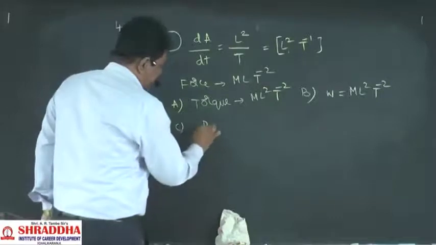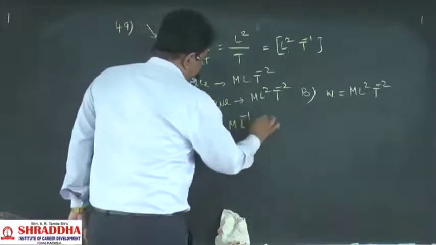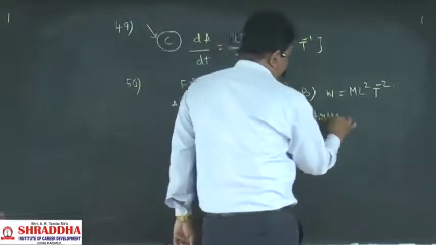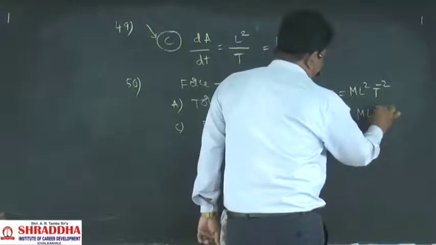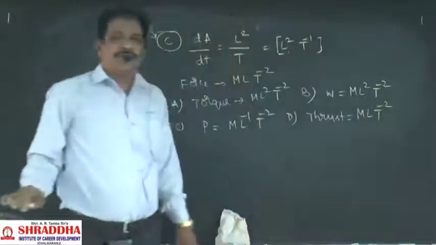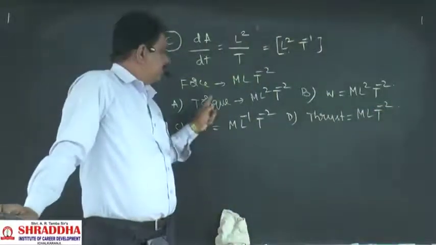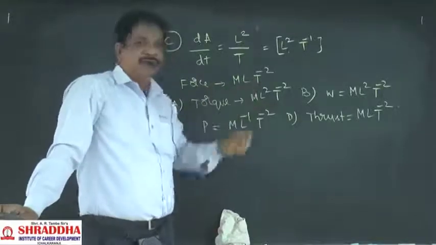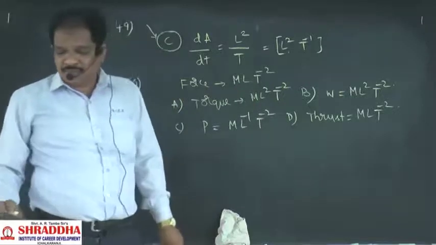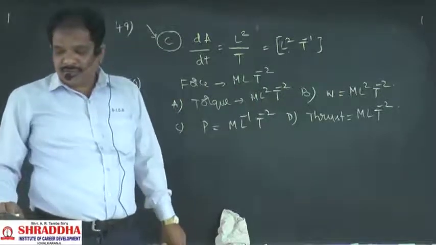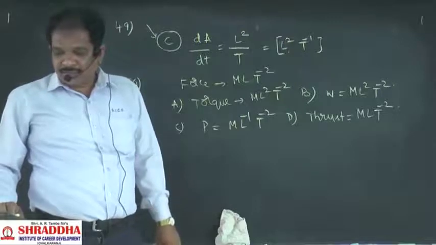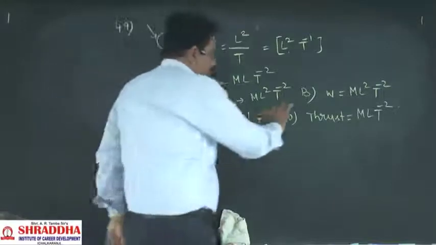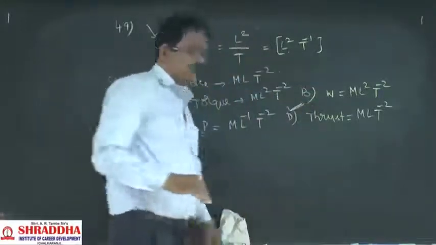Pressure: m L power minus 1 T power minus 2. Thrust: m L T power minus 2. The physical quantity having the same dimensions as force, m L T power minus 2, is thrust. D will be the answer.